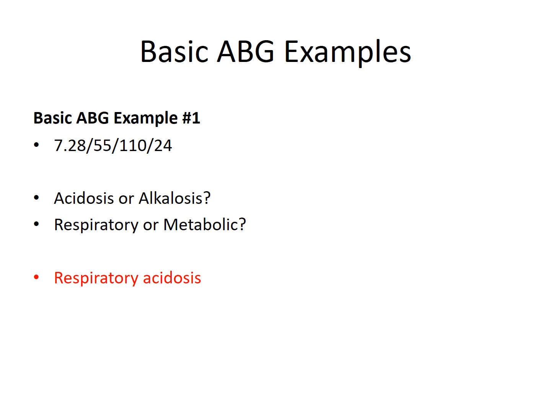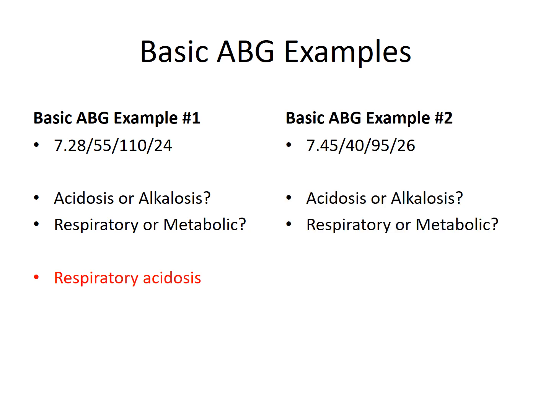First, because the pH is less than 7.4, this is an acidosis. Because the CO2 is increased above 40, this is a respiratory acidosis. Using the ROME mnemonic, the pH and CO2 changed in opposite directions, and this must therefore be a respiratory abnormality.